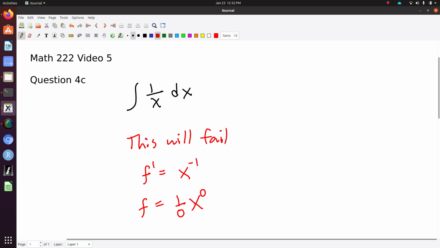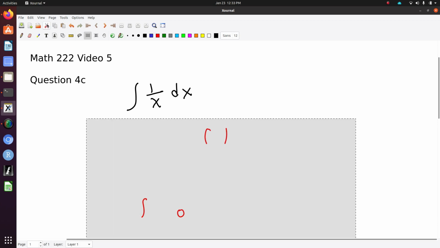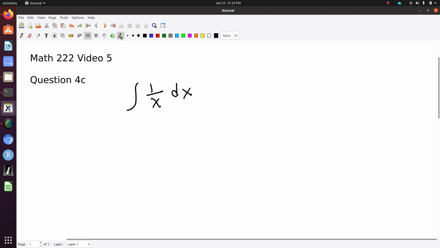Whoops. If you ever go through these steps and end up with 1 over 0 times x to the 0, that's a problem. So don't do that. Why does it seem like all of a sudden we need a different rule? We just say, by memory, this is the natural log of x, and you can go ahead and finish the exercise.